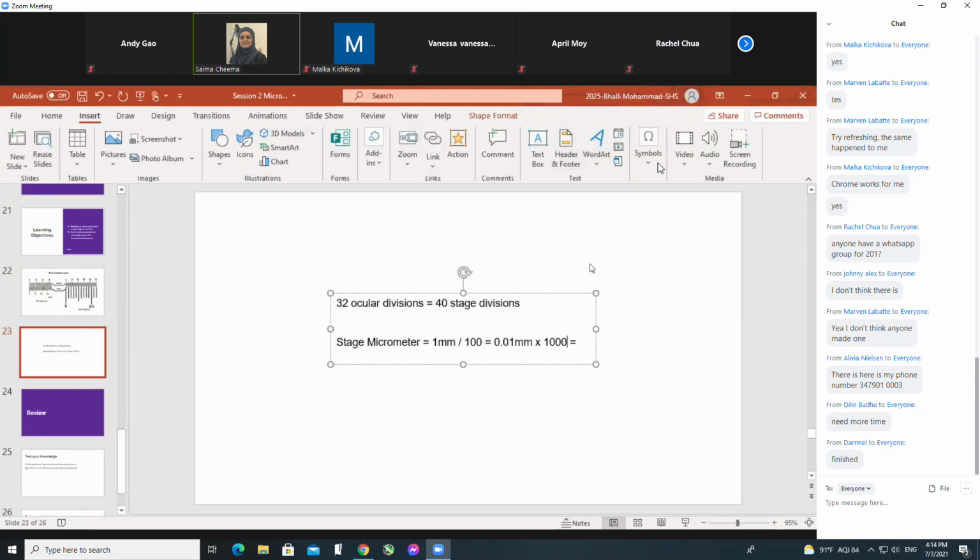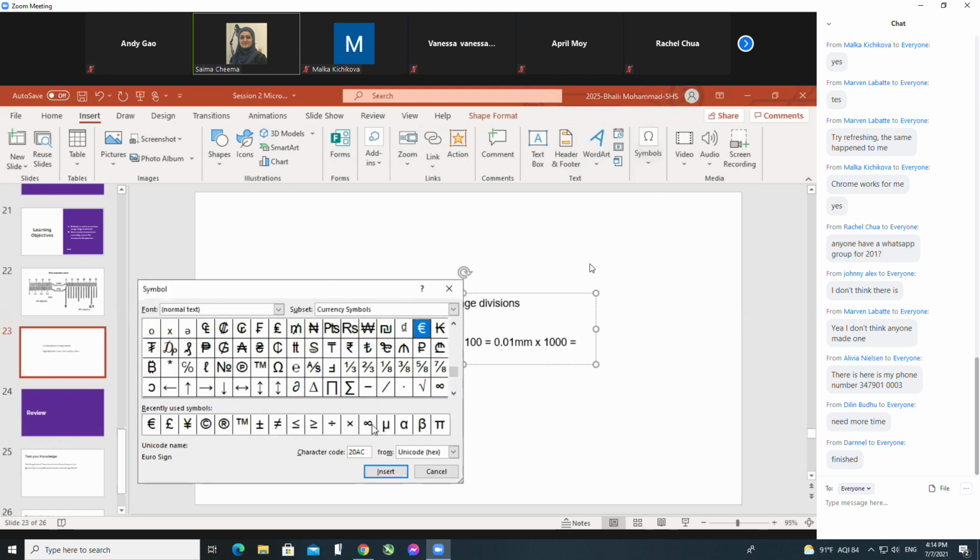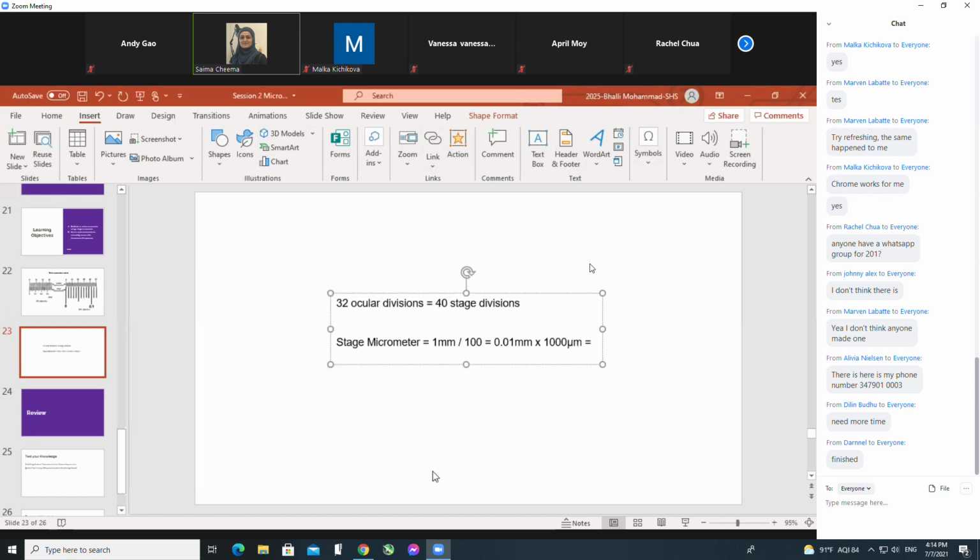Where are the symbols? Oh, there you are. Okay, so you get the distance between any two lines is 10 micrometers.